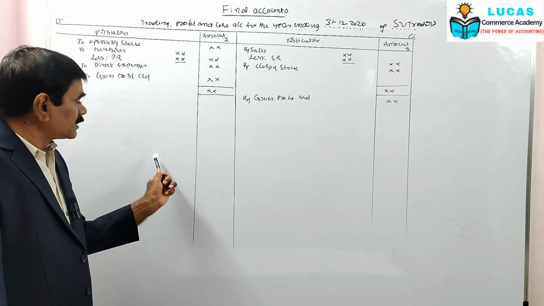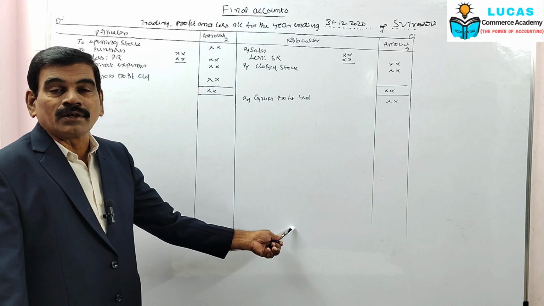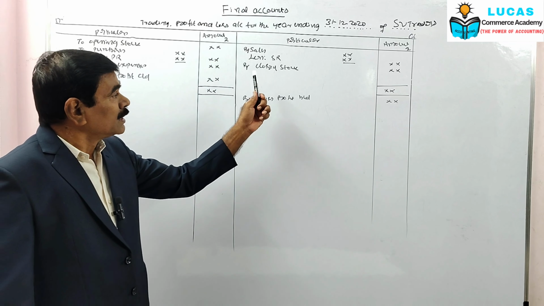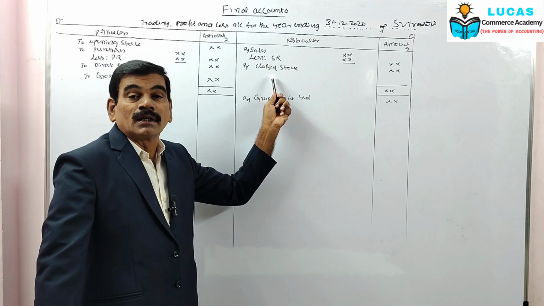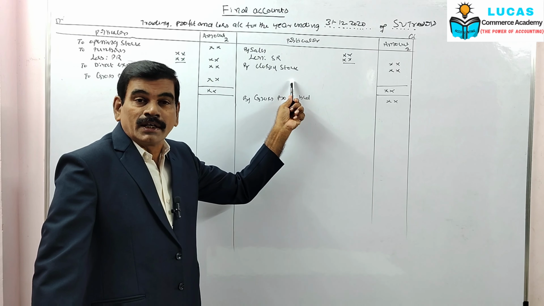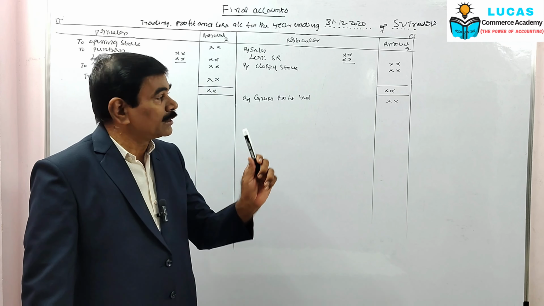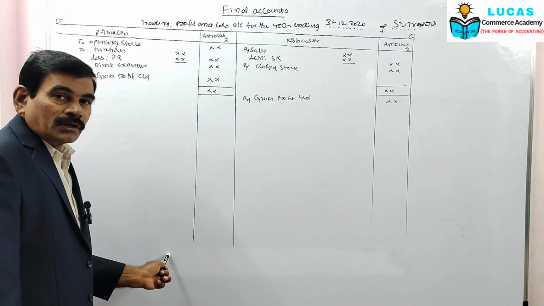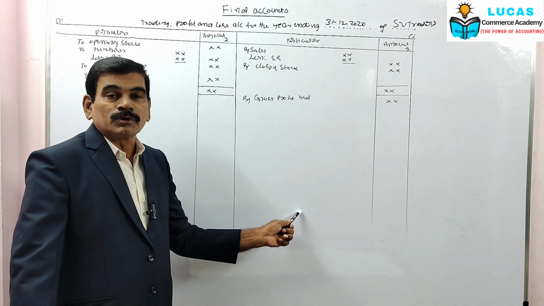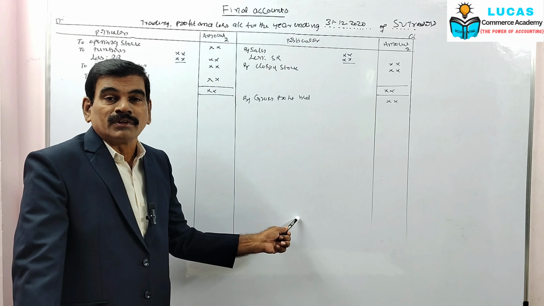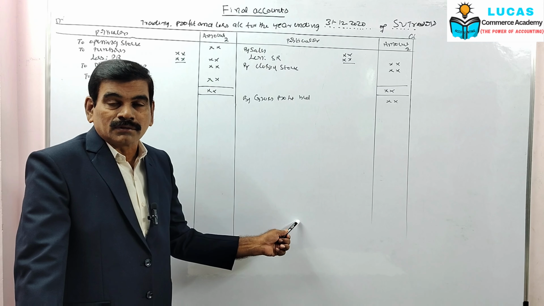Similarly, all income should be entered on the credit side of the trading profit and loss account. Some of the incomes are entered on the credit side of the trading account and some on the credit side of the profit and loss account.